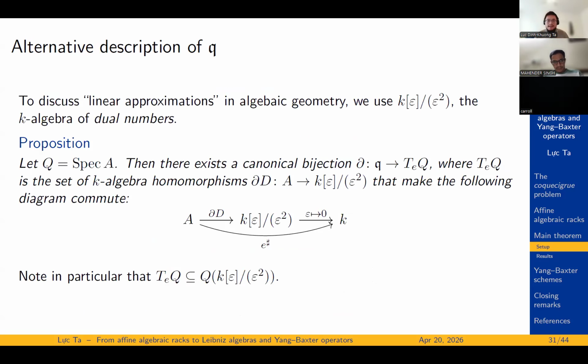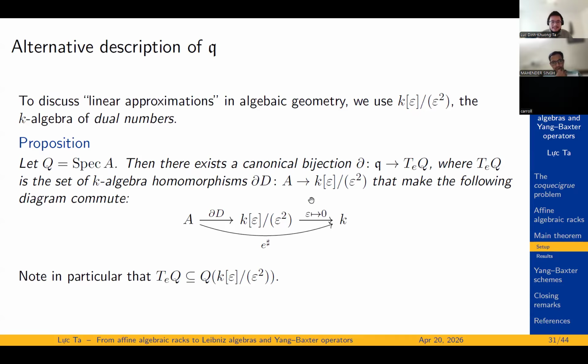To do that, we're going to pass through yet another isomorphism. Another way of defining a tangent space is by using dual numbers. This is your analog of linear approximations in algebraic geometry.